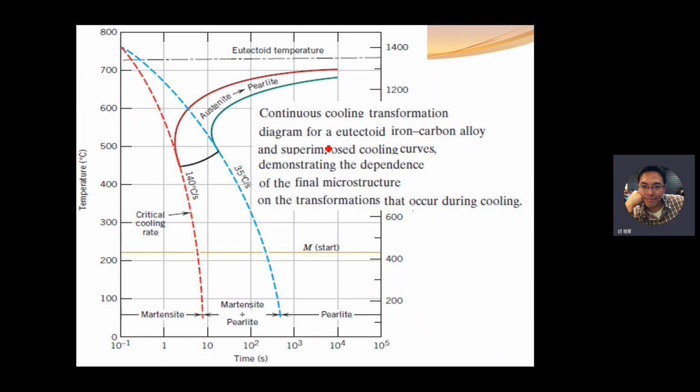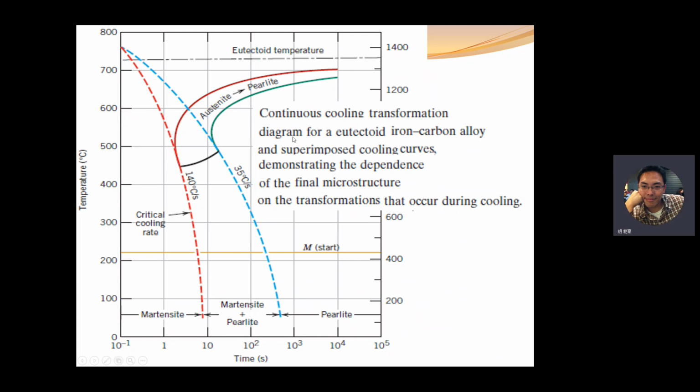So, the continuous cooling transformation, we already know that's the real case. Therefore, we have to be concerned about the critical cooling rate. Why do we have to be concerned about it?